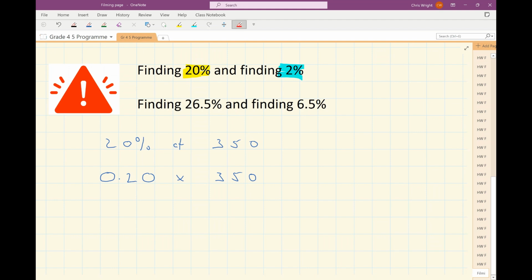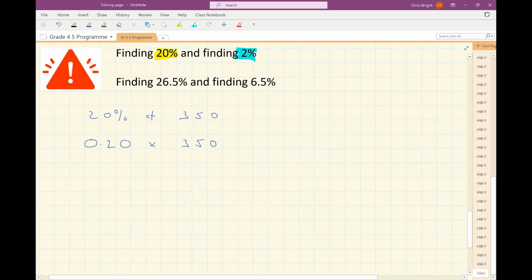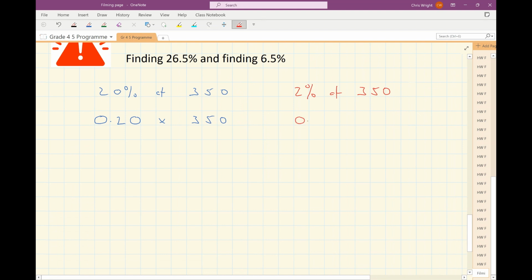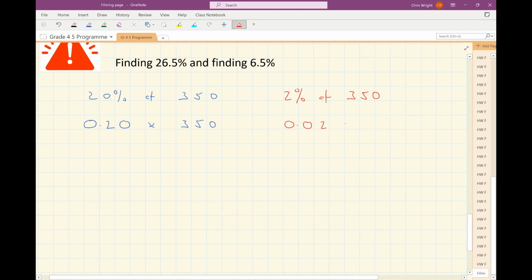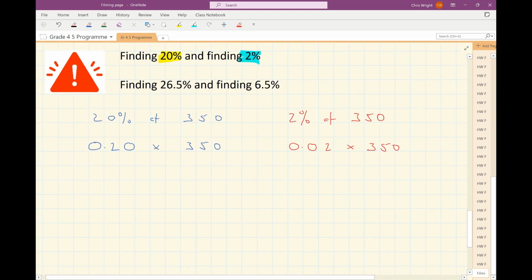Whereas if we're finding 2% of 350, we're going to need to remember that 2% is 2 hundredths, 2 out of 100, and that as a decimal is 0.02, and then times 350. So the first lookout is to realize that 20% is 0.2 or 0.20, and that 2% is 0.02.